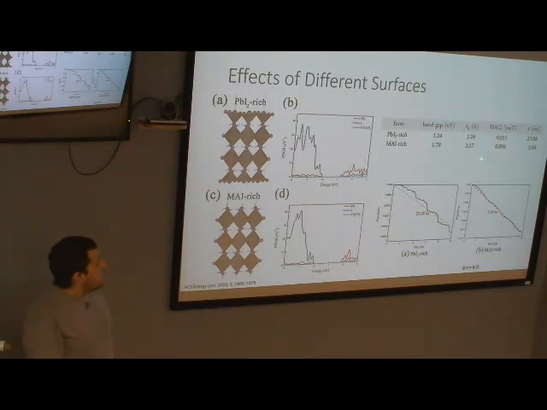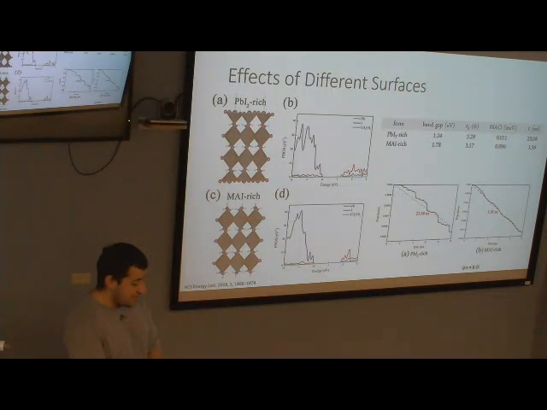So we see that the non-adiabatic coupling is extremely higher in the methyl ammonium iodide rich surface than it is in the lead iodide rich surface. I'll get to that in a second, but for the most part, we'll talk about the excited state populations. So you can see right here that the excited state lifetime on average is significantly longer than in the methyl ammonium iodide rich surface, by 8 times as much.